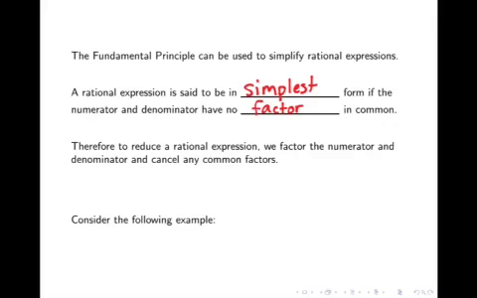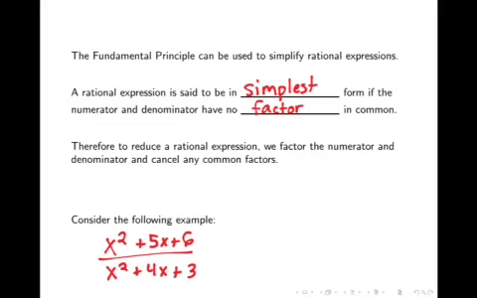So when we practiced taking quotients of functions in chapter 10, we saw that we can only simplify those quotients if we can factor in the numerator and the denominator. So for example, maybe we have x squared plus 5x plus 6 over x squared plus 4x plus 3. We aren't able to reduce this until we are able to factor it.